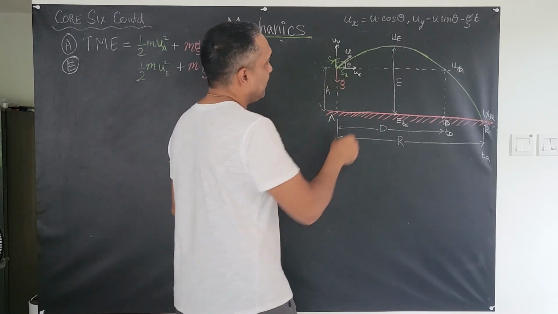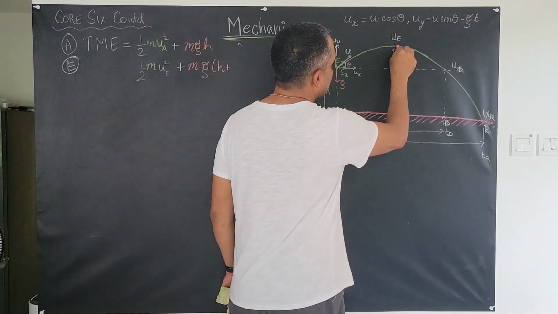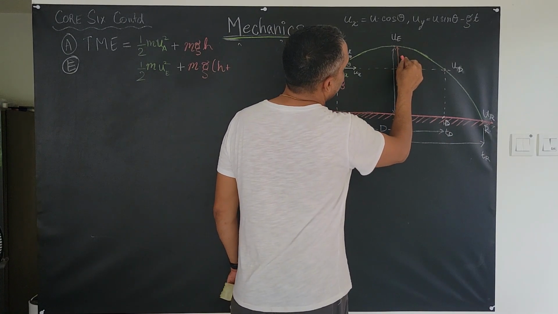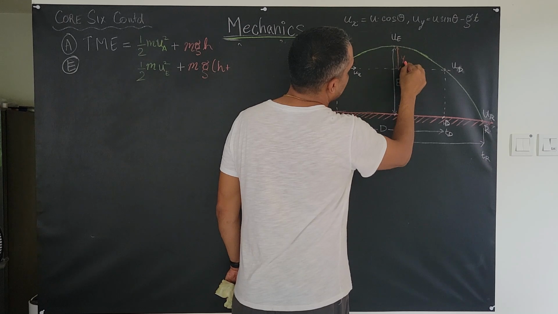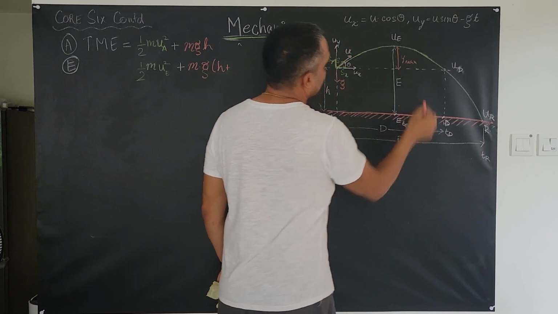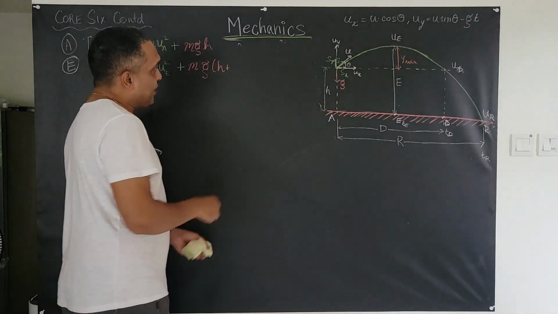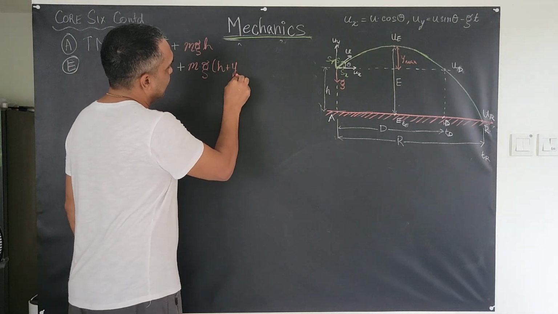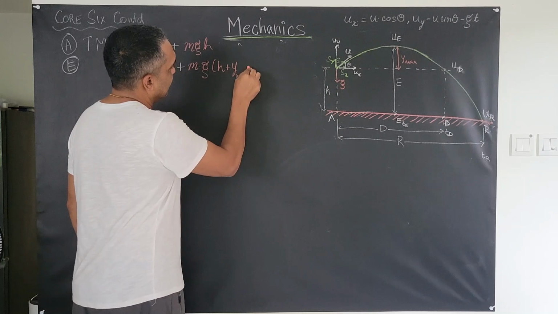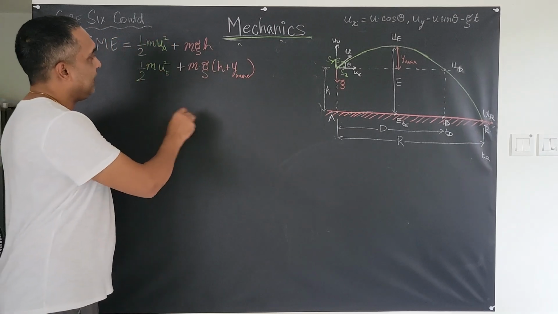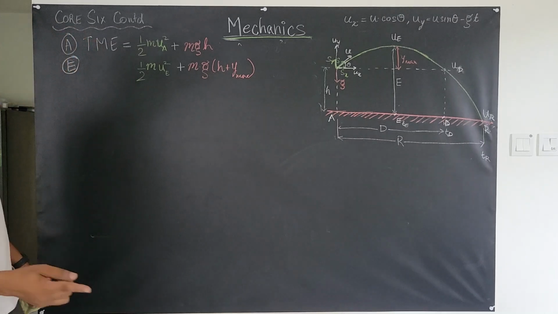If I just call this H plus something here, maybe Y max, something like that. You can now say that's the elevation. Which is really easy. So now see what relationship you can build.